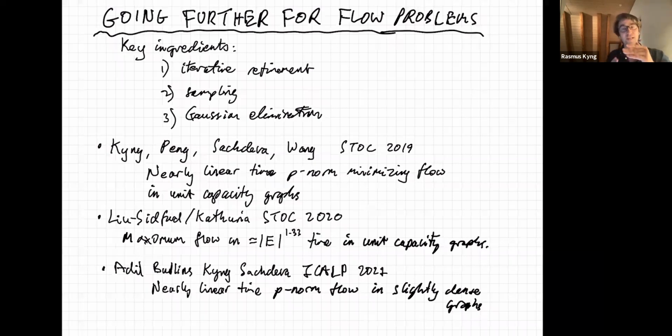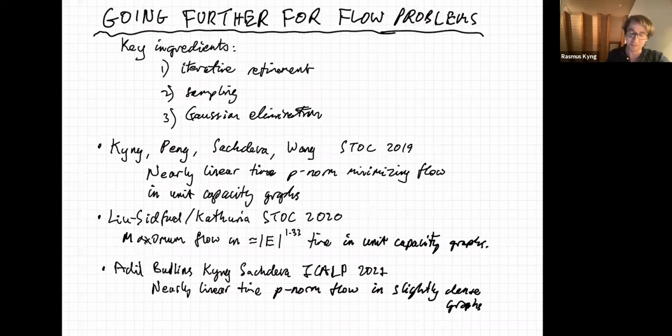And then they build a much faster homotopy. And this way they get maximum flow in time number of edges of the graph to the 1.33 in unit capacity graphs. And this 1 + 1/3 is in a sense precisely because they figured out how to do acceleration for linear programs, which is what I was talking about before, but only in this very, very special case of unit capacity maximum flow.